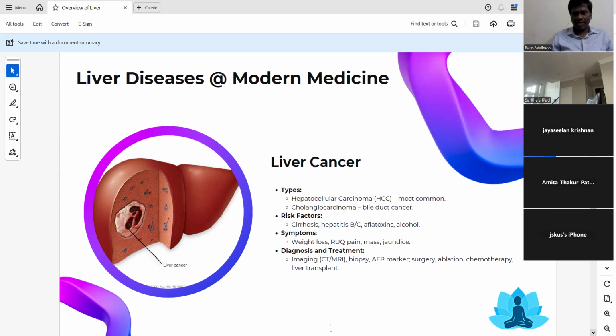The bile duct cancer, cholangiocarcinoma, especially if the patient also has complications with the pancreas as well as the gallbladder, those patients are more prone to have bile duct cancer.